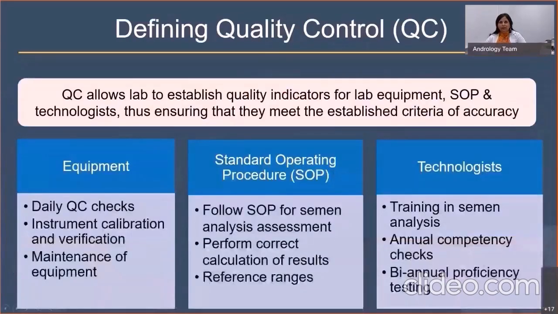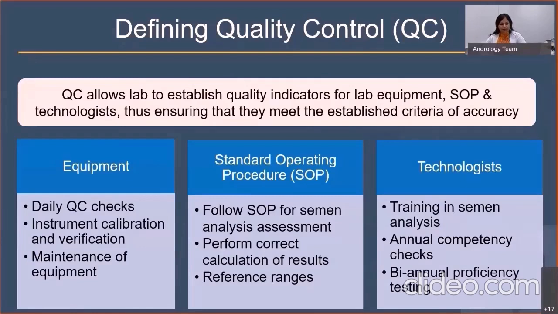Next slide. So let me define quality control for you. Quality control allows the lab to establish quality indicators for the lab equipment, the procedures or standard operating protocols, and the technologists who are the testing personnel, thus ensuring that they meet the established criteria of accuracy.